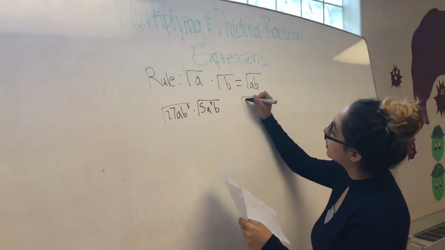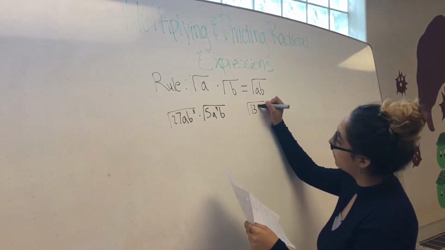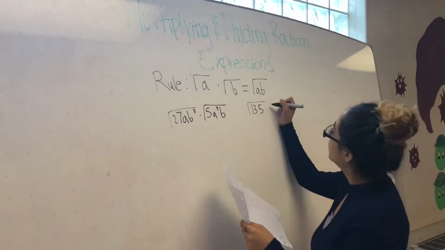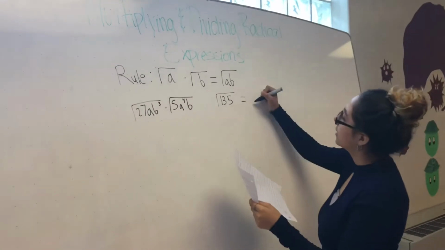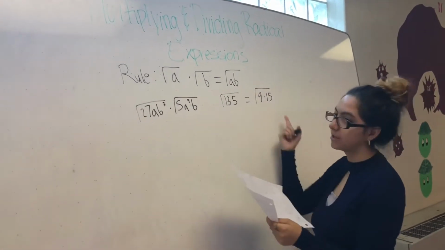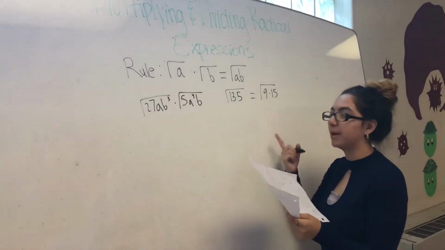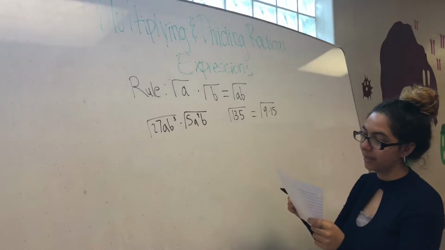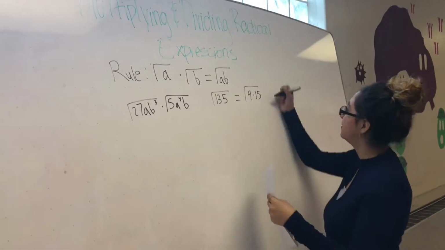First we'll do the square root of 135, which you get by multiplying 27 and 5. We're going to simplify it, and it'll be the square root of 9 times 15, because those two numbers multiplied give you 135, and you want to find a number that you can take the square root of.